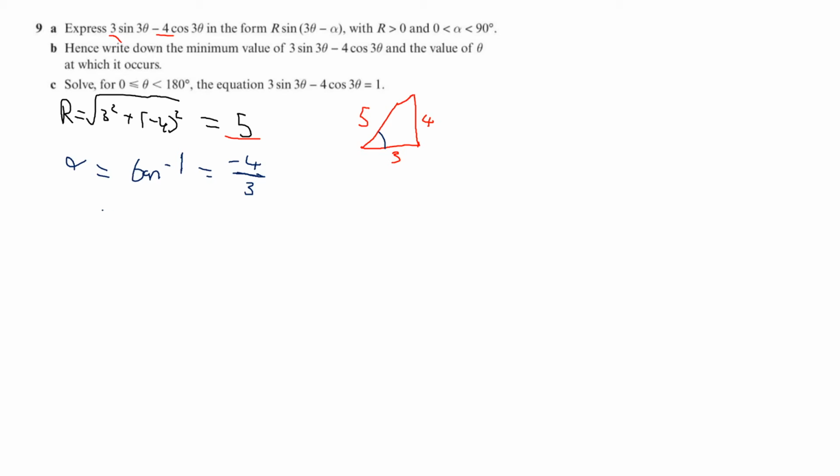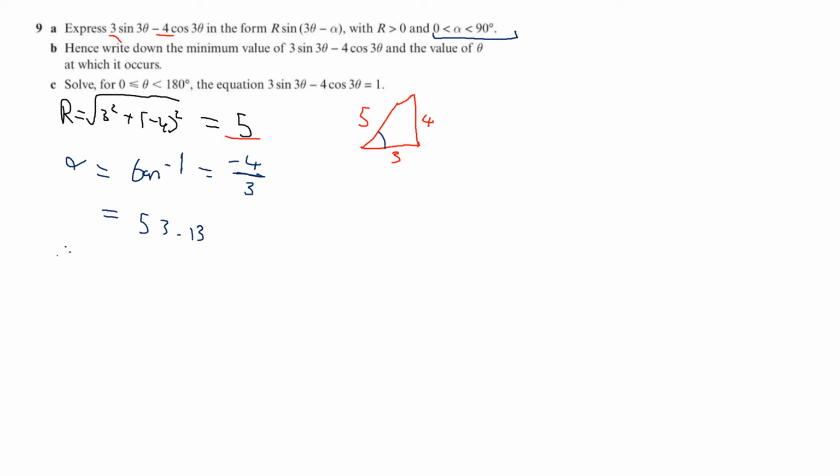which is equal to, we can pop that into our calculators and put our calculator back in degrees because it's between 0 and 90. And we should get an answer of 53.13. Okay?